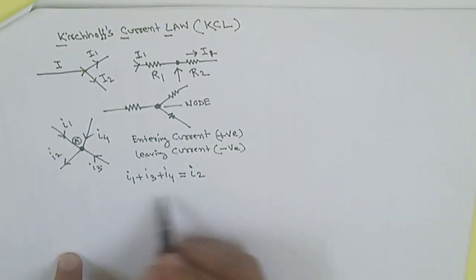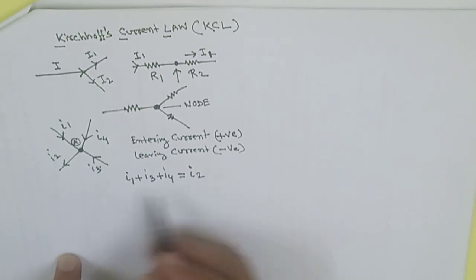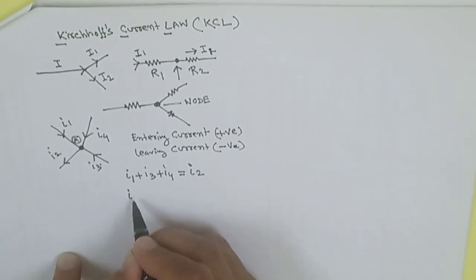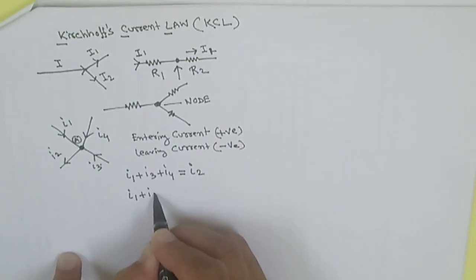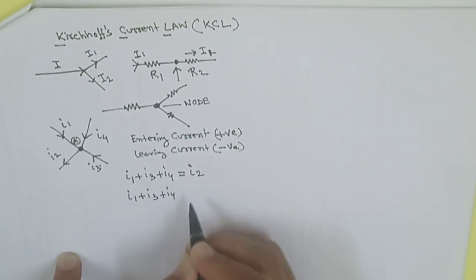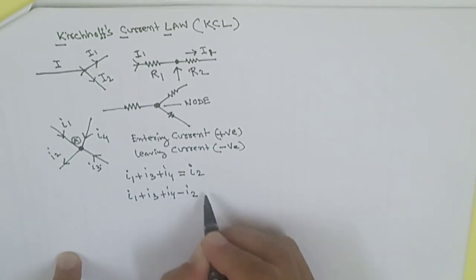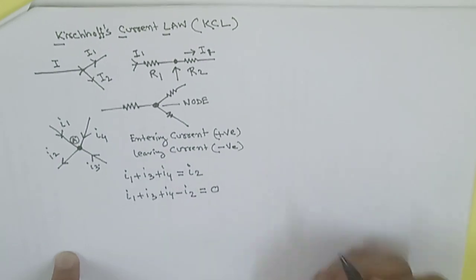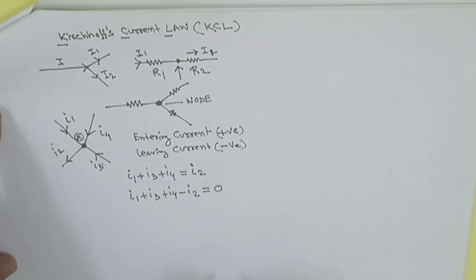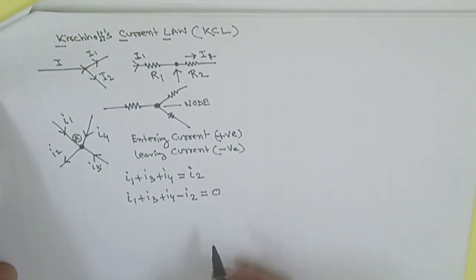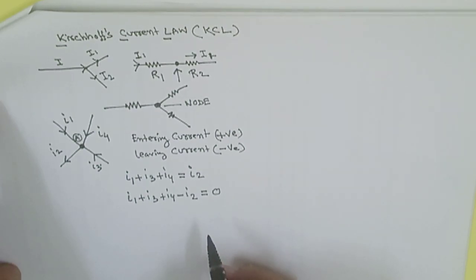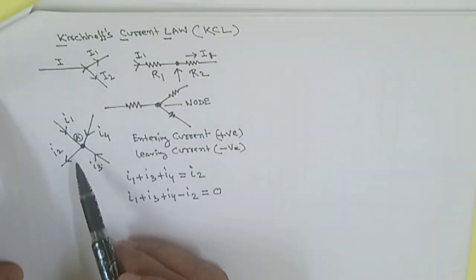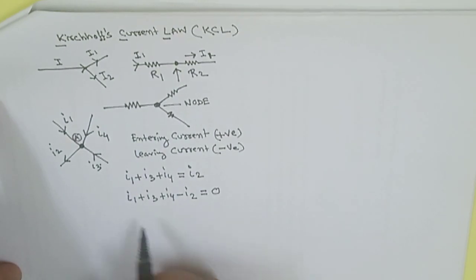So this is basically Kirchhoff's law. If you bring everything to one side, then I1 plus I3 plus I4 minus I2 is equal to 0. So irrespective of direction, the sum of currents at the node is equal to 0.